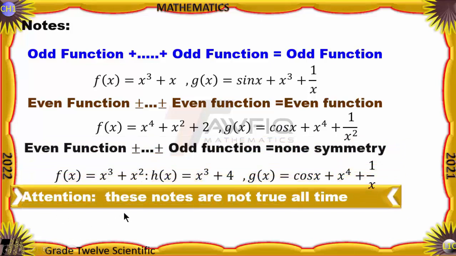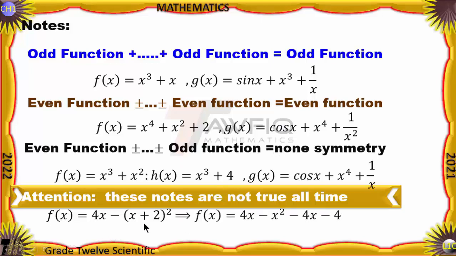Attention, these notes are not true all the time. For example, if f(x) is 4x minus (x plus 2) squared. Look, we have an odd function for 4x and an even function for (x plus 2) squared. That means it is non-symmetric.